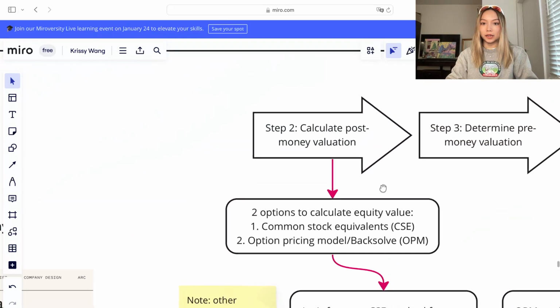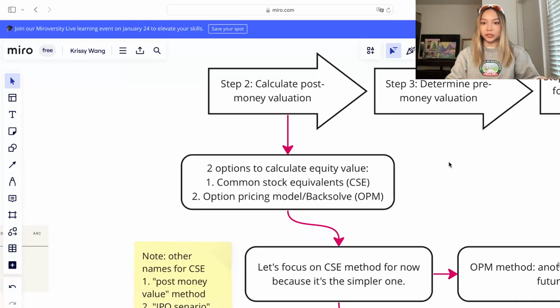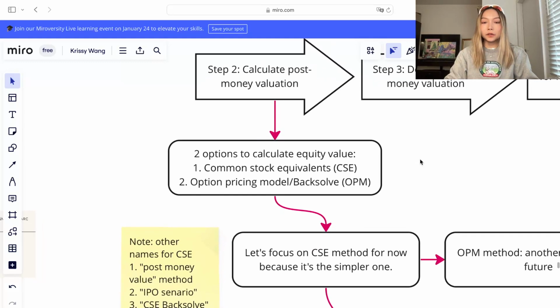And then we're gonna calculate step 2. I'm gonna calculate post-money valuation. And there are 2 options to do that. One is called common stock equivalent. We call it CSE for short. The second option is to use the option pricing model backstop, OPM for short. Let's focus on common stock equivalent for this video because that's the simpler method.